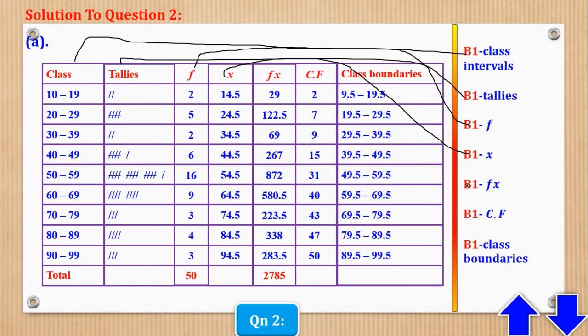Then B1 is for the column of FX. Then another B1 is for the column of CF. Another B1 is for the column of class boundaries. So that is how 1, 2, 3, 4, 5, 6, 7. So far we have got 7 marks in this slide. Now let's go to the next slide and see how the last 5 could be got.